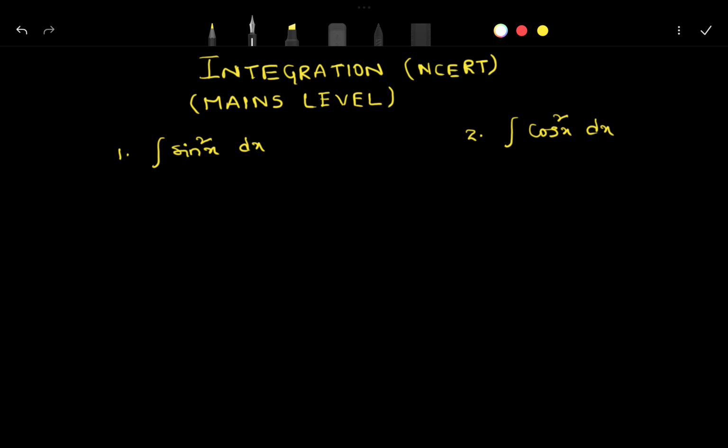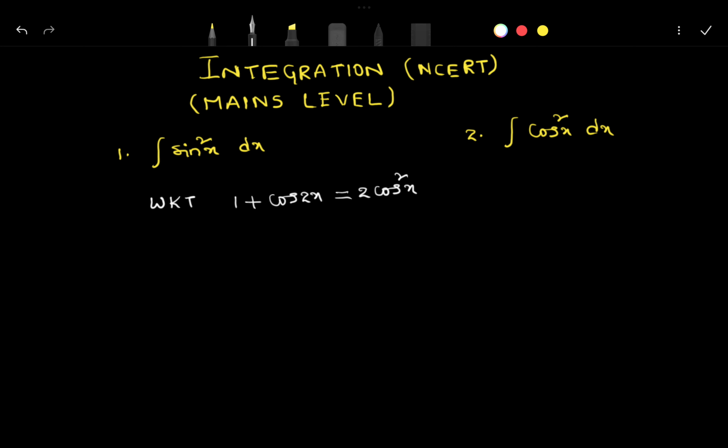First, you have to understand one formula. We know that 1 plus cos 2x is equal to 2 into cos square x.